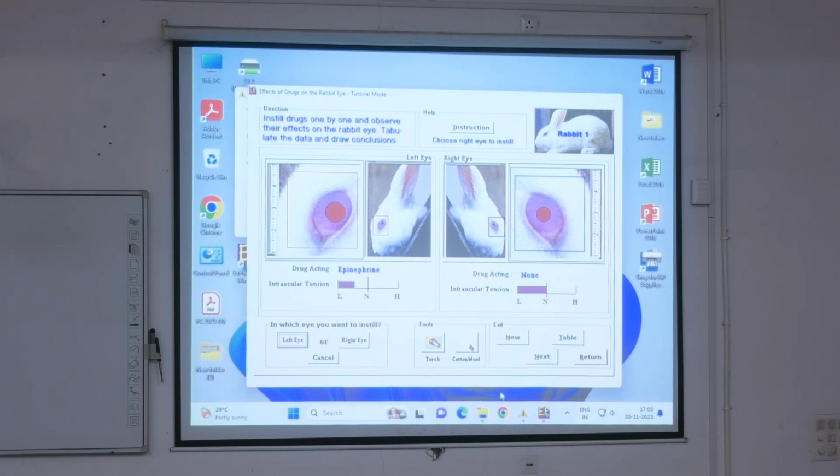How can we measure the corneal reflex? Corneal reflex means blinking of the eye. It can be measured by touching cotton wool to the cornea.